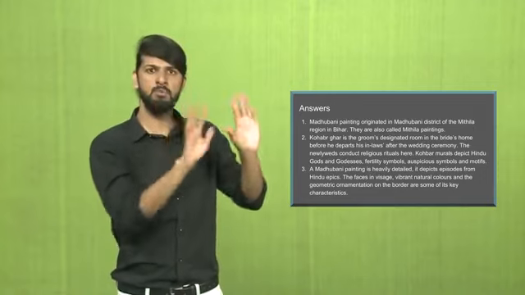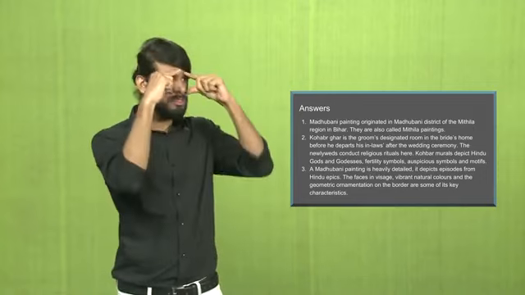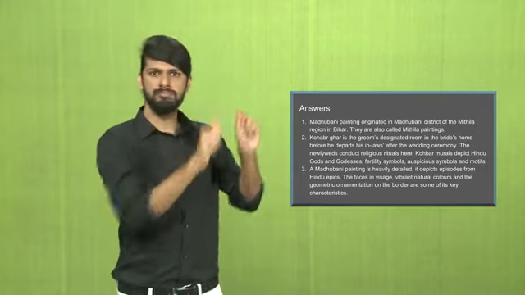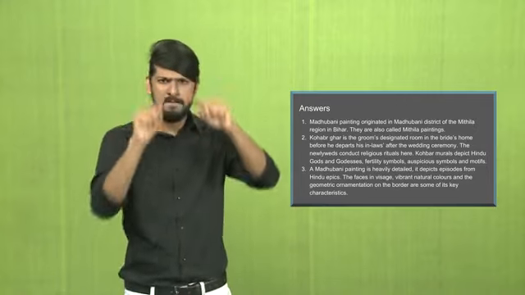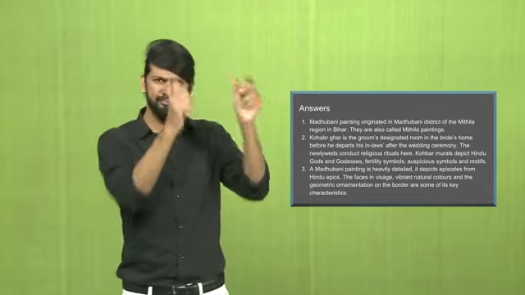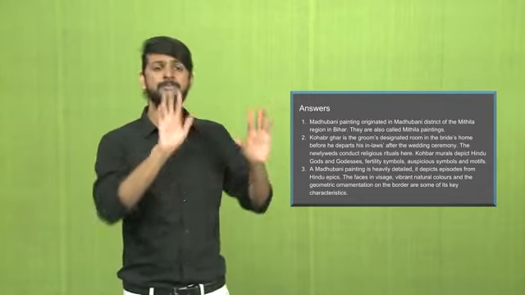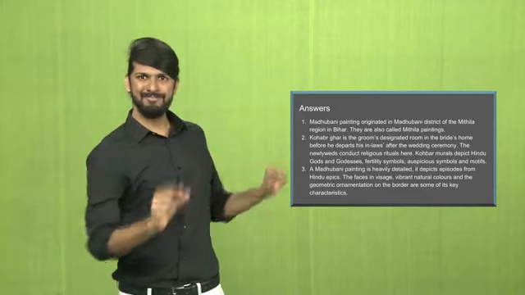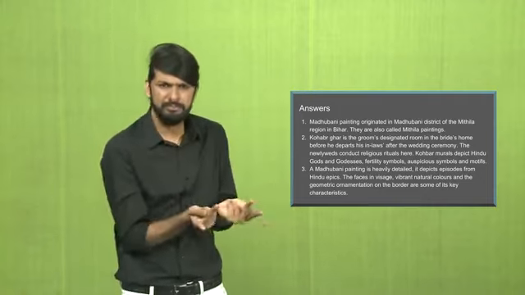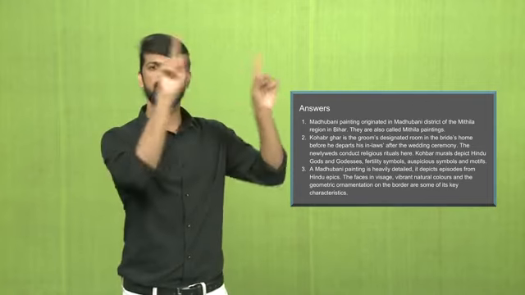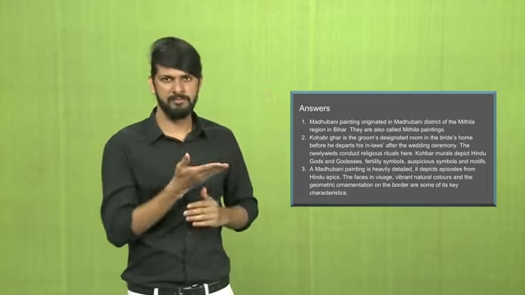The faces are in profile, as you would see, a kind of a countenance or a copy of the mythological figures. There are a lot of vibrant natural colors and geometric ornamentation on the border, and these are the key characteristics of the Madhubani painting.